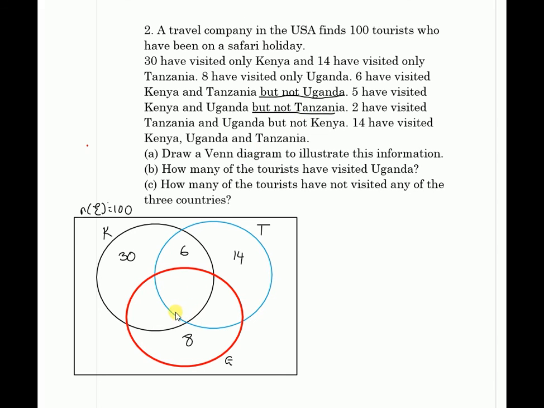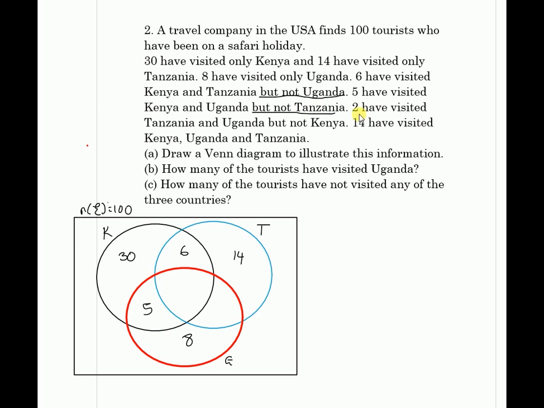So those 5 are in the intersection of Kenya and Uganda, but outside Tanzania. It is that point there.